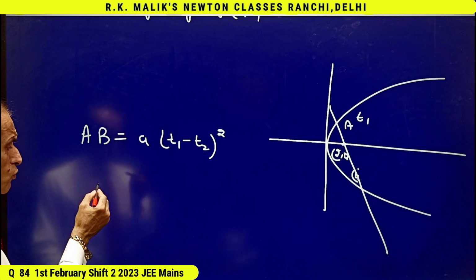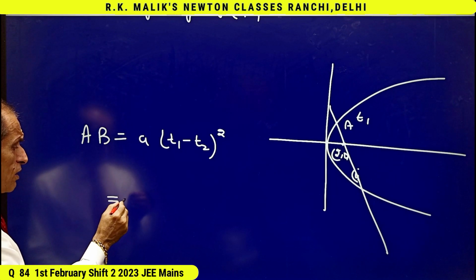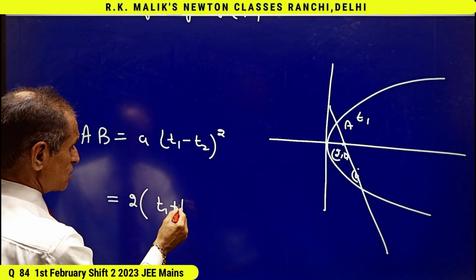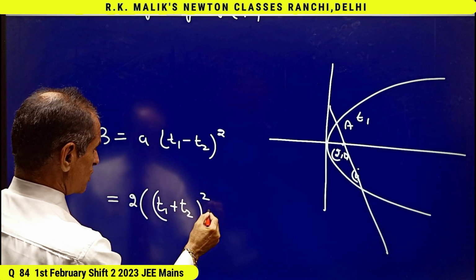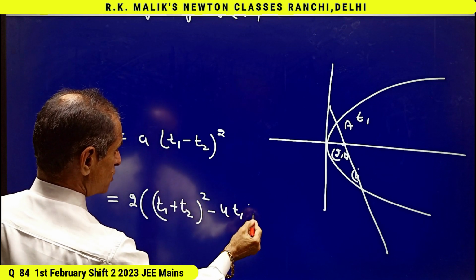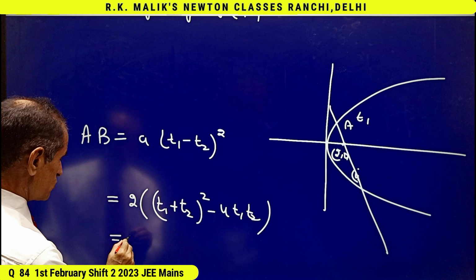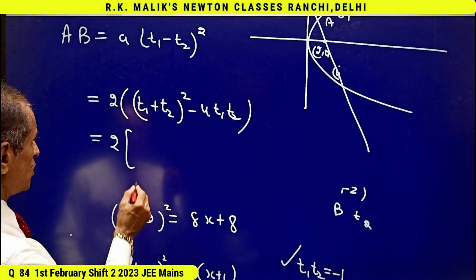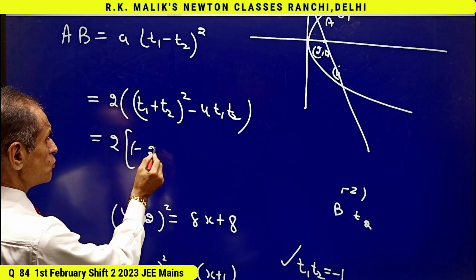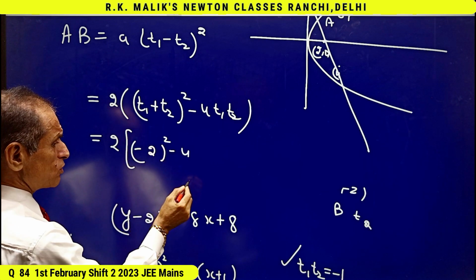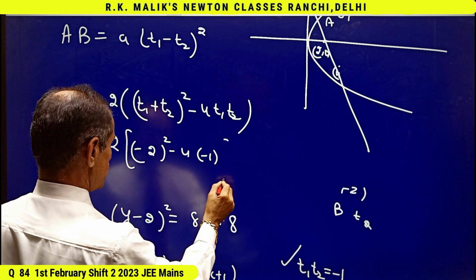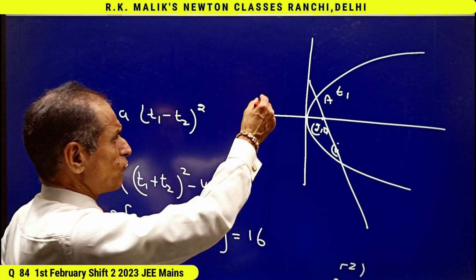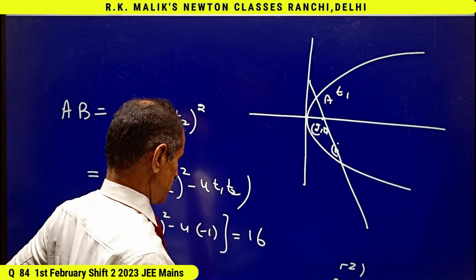If you want to use this formula, your answer will be 2 into T1 plus T2 whole square minus 4 T1 T2. That is 2 into minus 2 whole square minus 4 into minus 1, which is equal to 16. Hence, the length of the focal chord is 16.